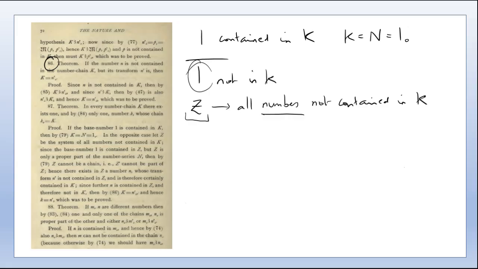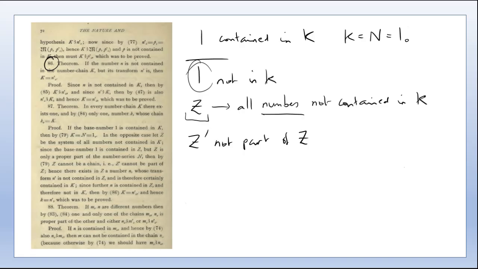Because Z is a proper part of n, it can't be equal to n. So Z primed cannot be part of Z, otherwise Z would be a chain. Remember, a chain is such a system that satisfies Z primed is a part of Z, which we don't have, because Z is not a chain.